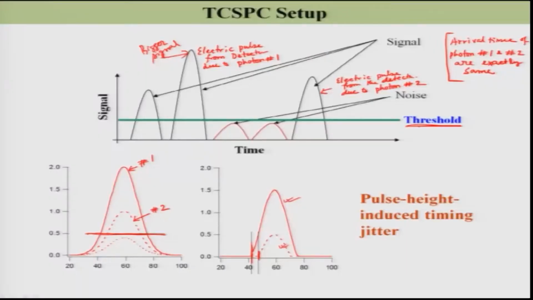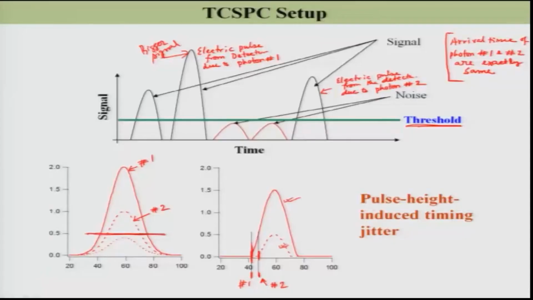but because of this threshold and because of this cutting, you see the start time of the signal is here and the start time of this signal is here. So, this is for number 1 and this one is for number 2. So, the arrival time of the signal due to photon 1 and photon 2 are different, and this is a big problem.